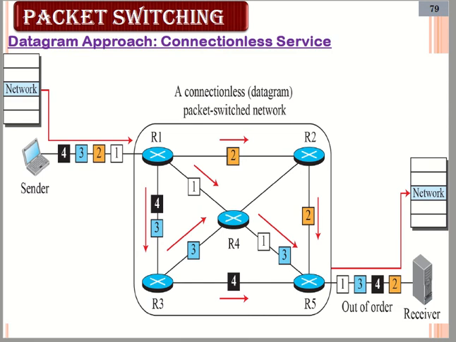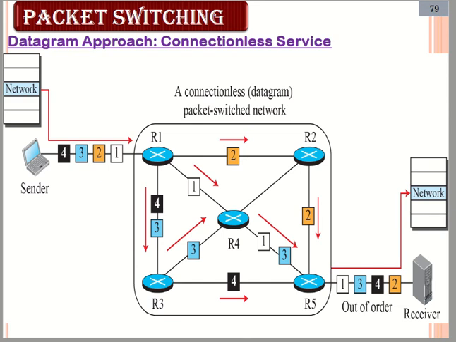The destination has to wait until it receives all the packets of the same data, and once that is done, it rearranges them, because some data might arrive late even though it was sent first. It puts them in a proper format and then gives them to the transport layer. The connecting devices in a packet switching network still have to decide how to route the packet to the final destination.